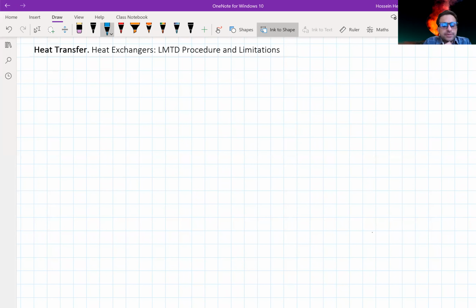LMTD, or log mean temperature difference, is very easy when we know the inlet and outlet temperatures of cold and hot streams. So LMTD is an easy method.